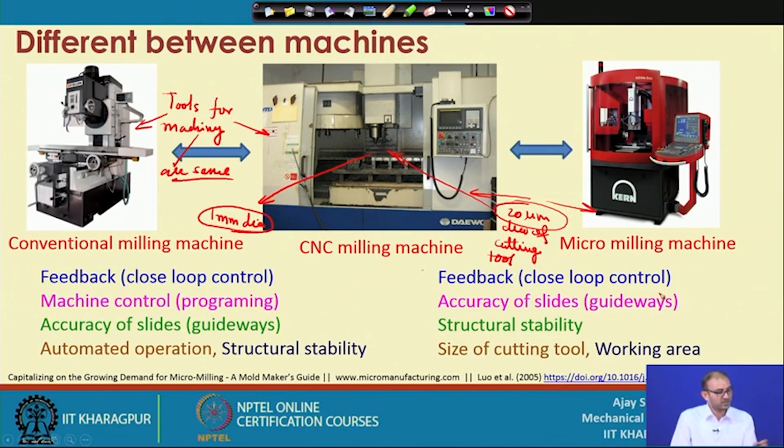So, these are the differences between the three different categories of the same machine, but if you see, the size of the machines is almost the same, there is not much difference in the total volume of the machine, that is the area multiplied by the height of the machine. But the systems which are installed in different machines are different with respect to the component which you are going to cut through these machines.